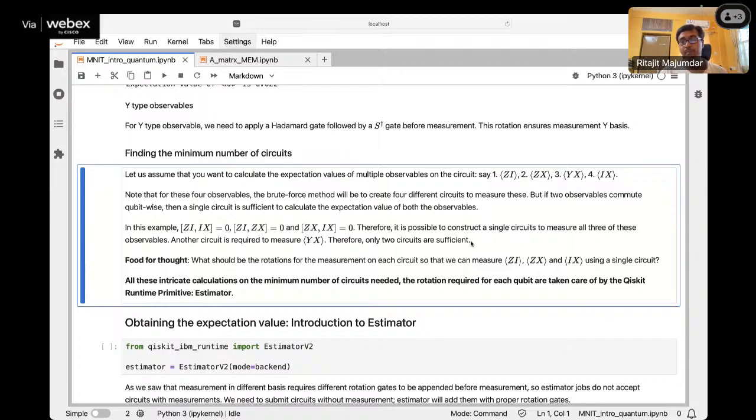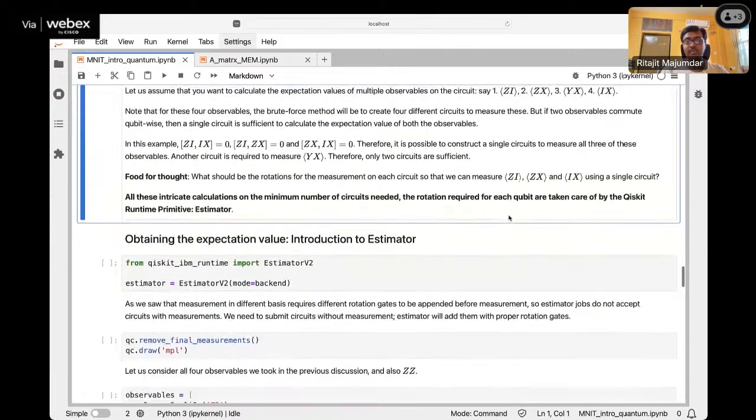This is the main purpose of estimator, to do this underlying calculation, find the minimum number of circuits that we require to calculate the observables, prepare the circuit, and apply which rotations are required on which qubit accordingly. This is the main underlying work of estimator.